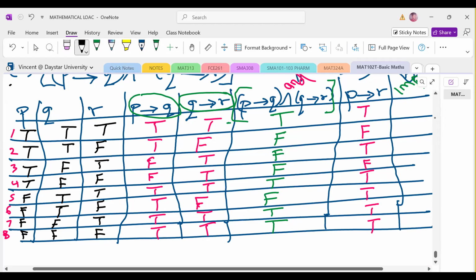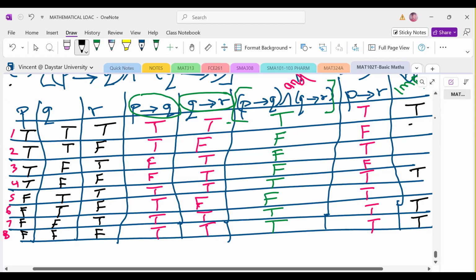Now let's go to line 1. Line 1, what is your verdict? True or false? True. Let's go to line 5. True or false? True. Correct. Let's go to line 7. True. Let's go to line 8. Still true. Okay?